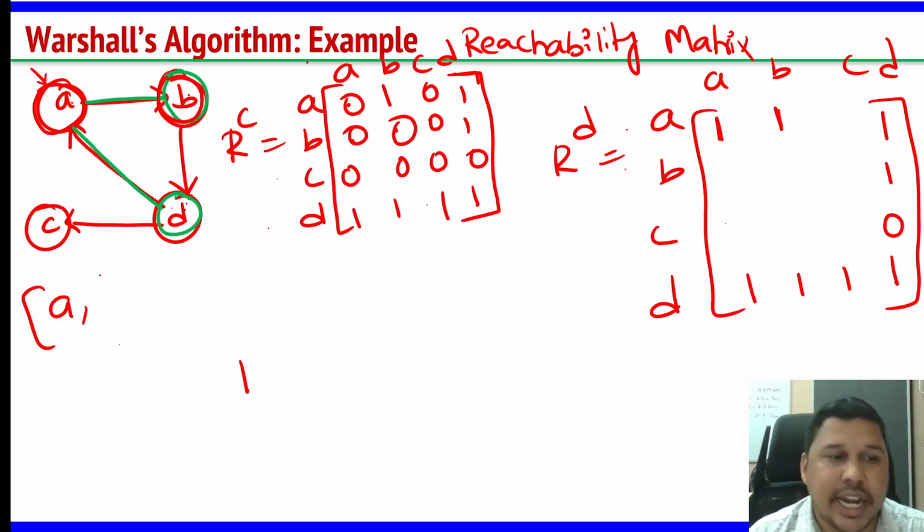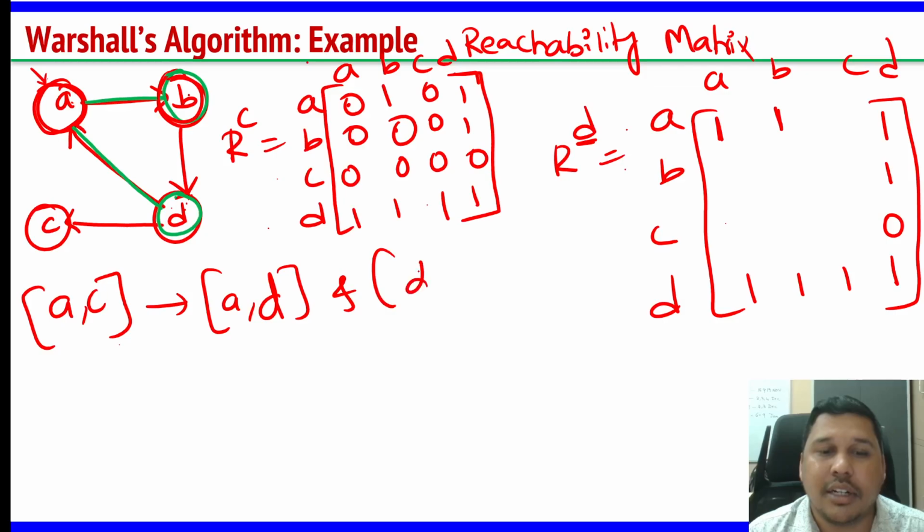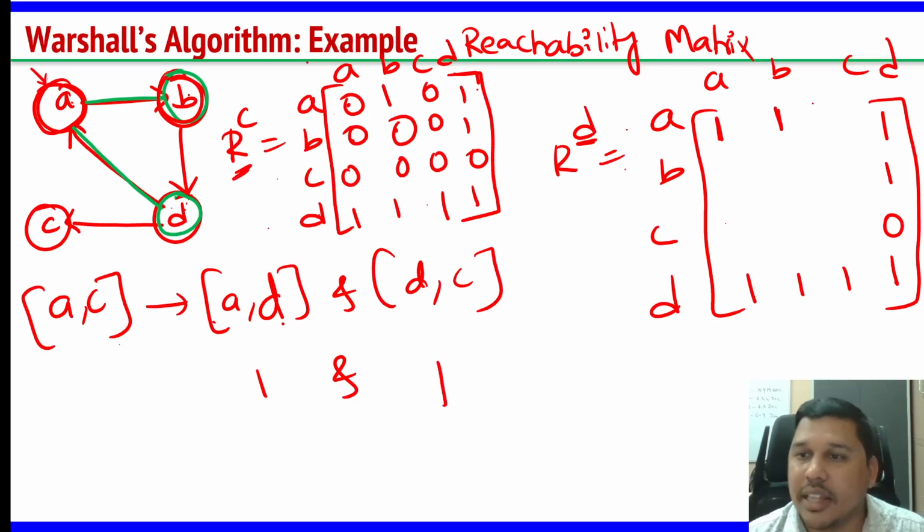Next is A to C. A to C means I have to use D as my intermediate node, that is A to D and D to C. See here, A to D is 1 in the RC matrix, and D to C is also 1, there is a path, therefore I can reach from A to C also.